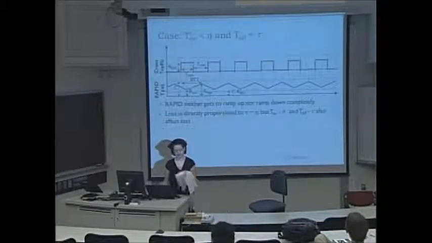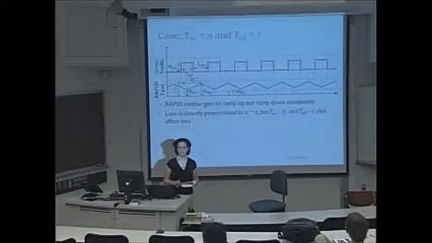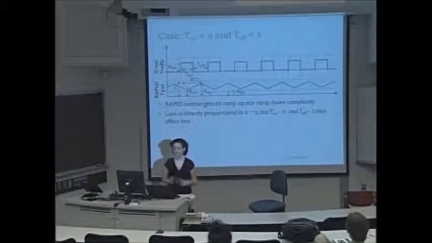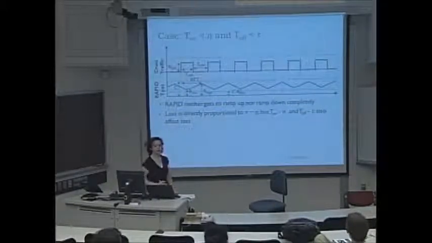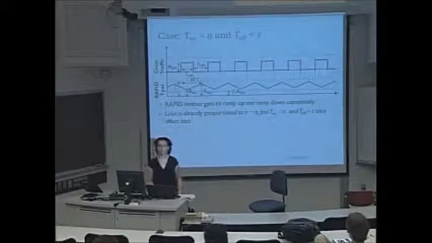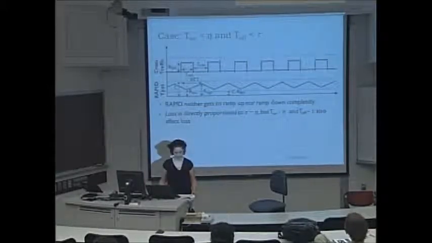So in the second case that I looked at, T-on is less than eta and T-off is less than tau. And basically, this means that Rapid does not have enough time after it detects a change in the available bandwidth to fully ramp up or ramp down to the speeds that it can get to. Analysis of this situation is more complex because it depends on the speeds which Rapid has the opportunity to ramp up or ramp down to, which depends on how much time it has.